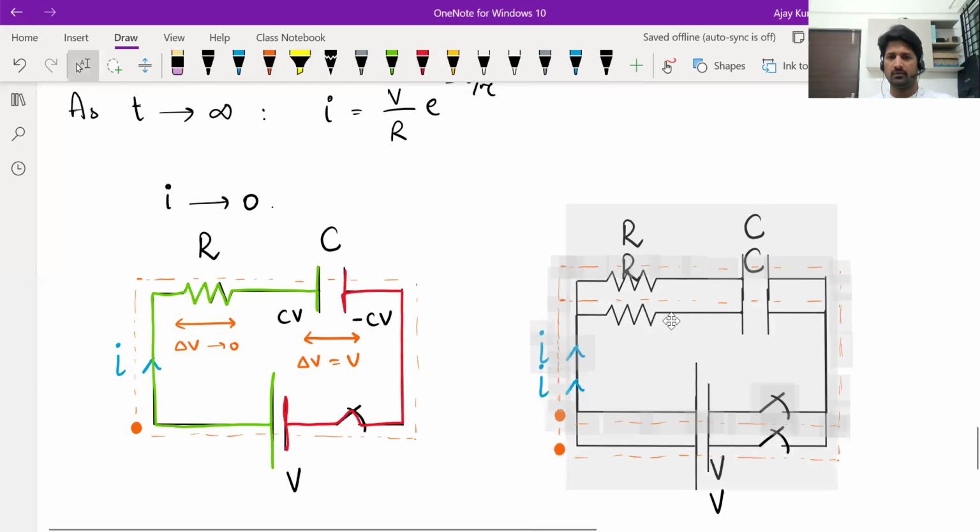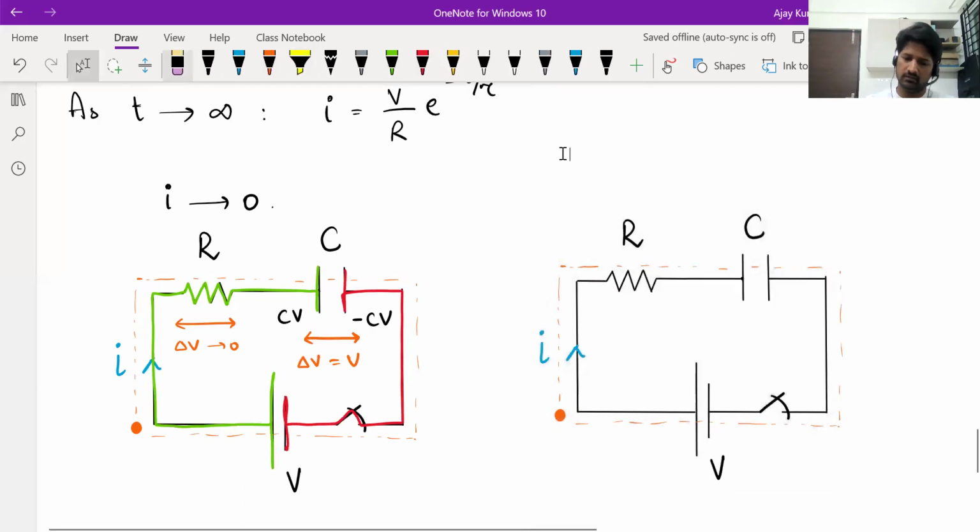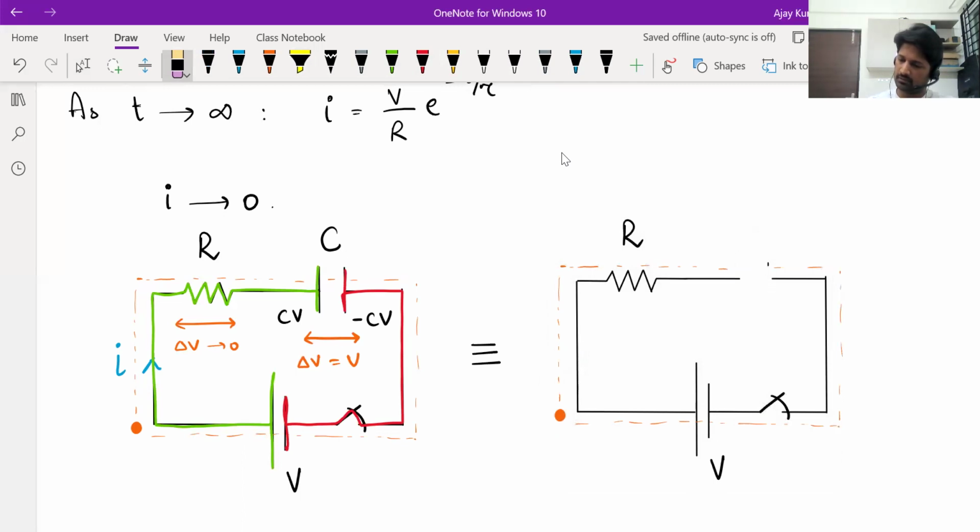So the circuit effectively behaves like this. It is equivalent to current having to become 0. So the capacitor effectively behaves like an open switch as t tends to infinity.